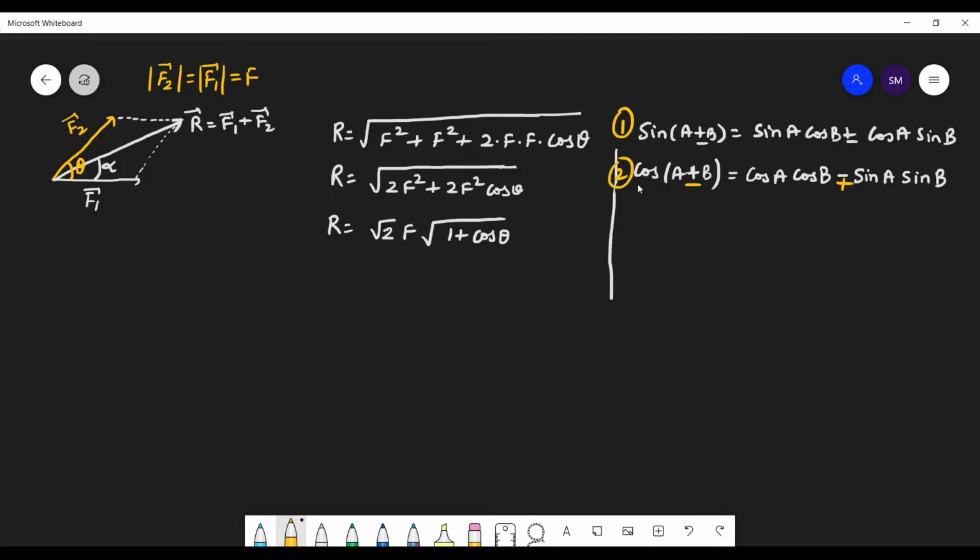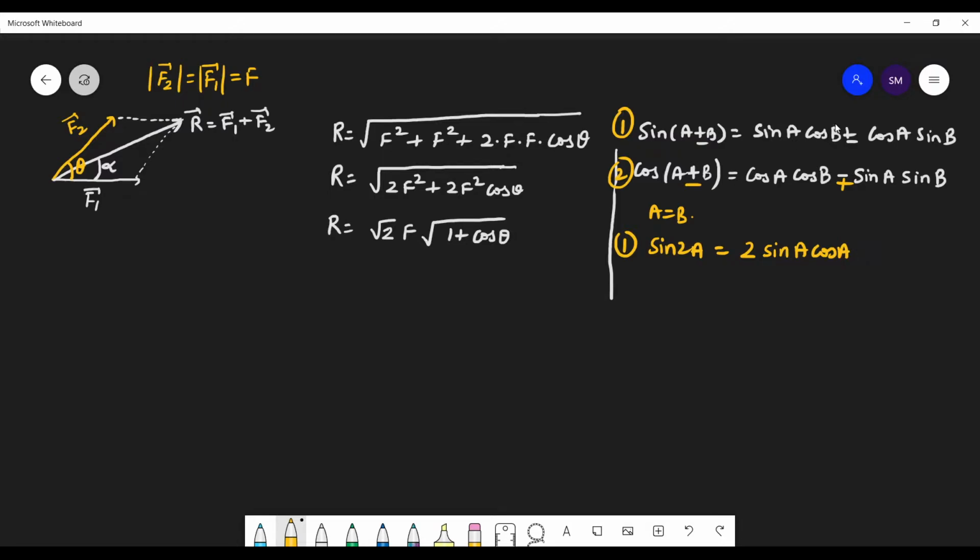Now from both these formulas, if A equals B, then the first formula becomes sine 2A is equal to sine A cos B, so B is equal to A, sine A cos A plus again cos A sine A, so it will be 2 sine A cos A, right?